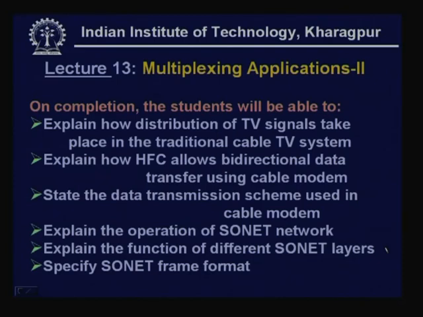They will be able to state the data transmission scheme used in cable modem, and so far as the second application of multiplexing is concerned, they will be able to explain the operation of the SONET network. They will be able to explain the function of different SONET layers. As we shall see, there are 4 different layers in the SONET network, and they will be able to specify the SONET frame format.